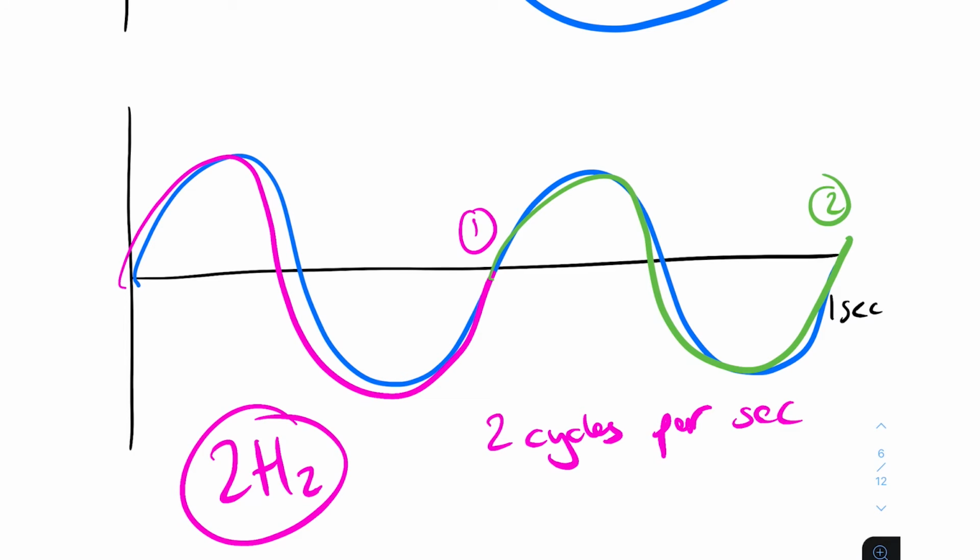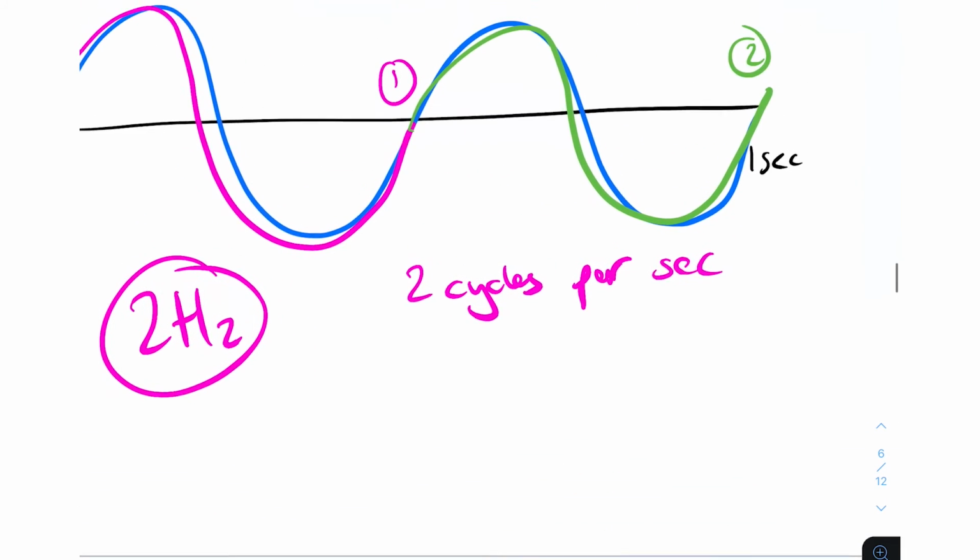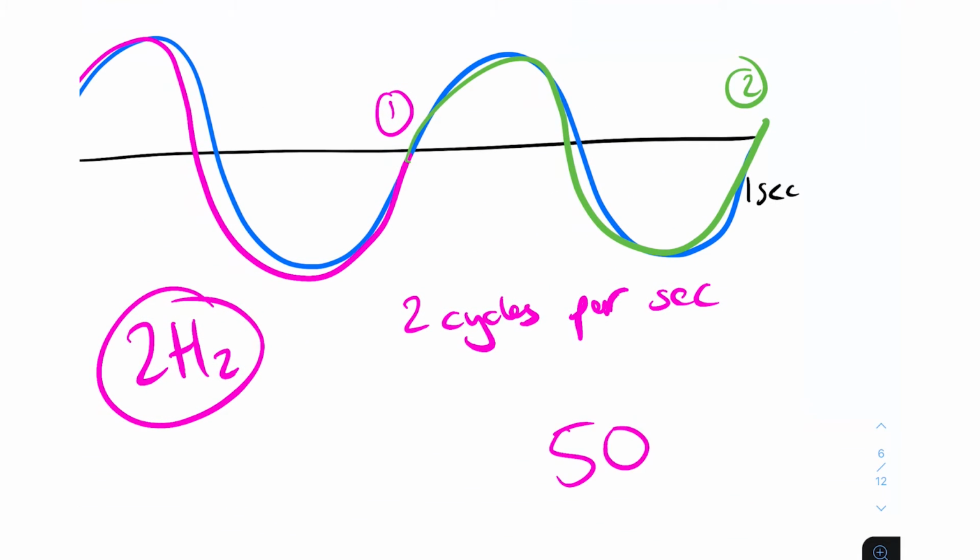So another thing, when we're dealing with mains here in the UK, in terms of how many times we have a cycle from the AC per second, we have 50. So our mains here in the UK is 50 hertz, which means that the AC waveform oscillates 50 times every second.